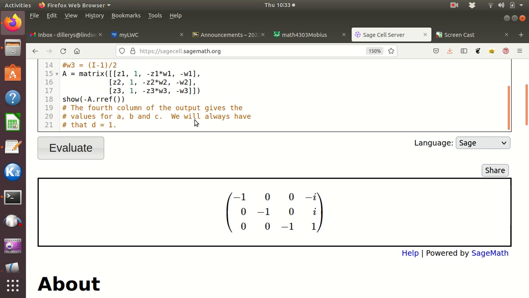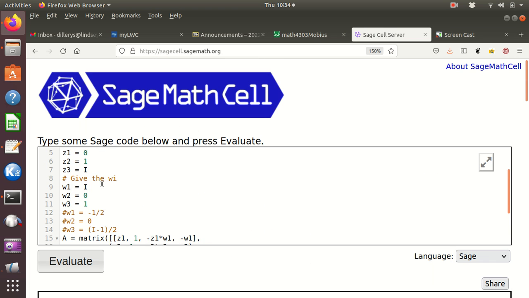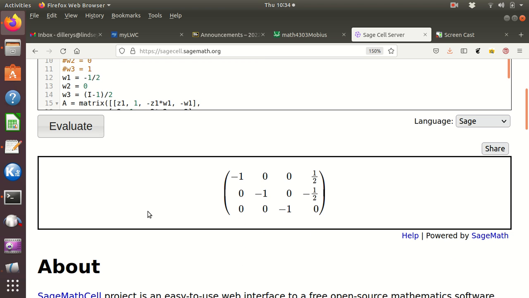So if I come back here and I comment these out, and then I do these, so there's my minus 1/2, 0, and I minus 1/2. I evaluate, and it says I get 1/2, minus 1/2, and 0.